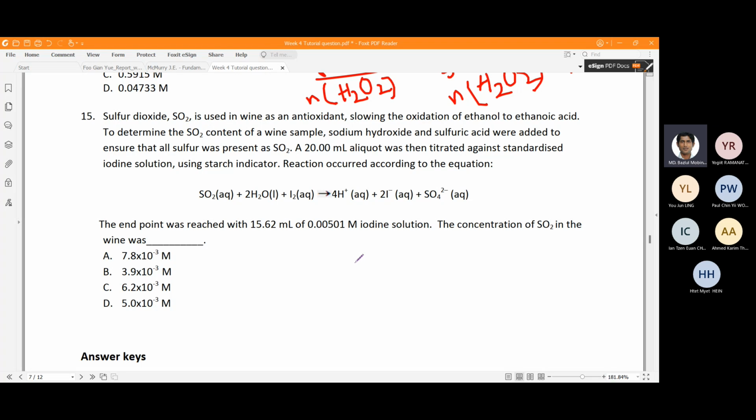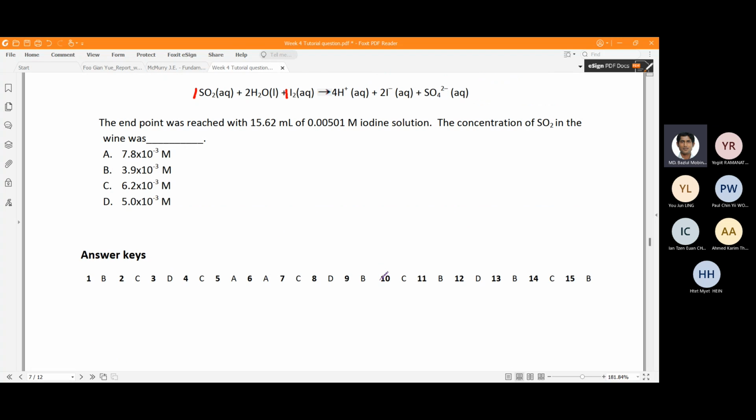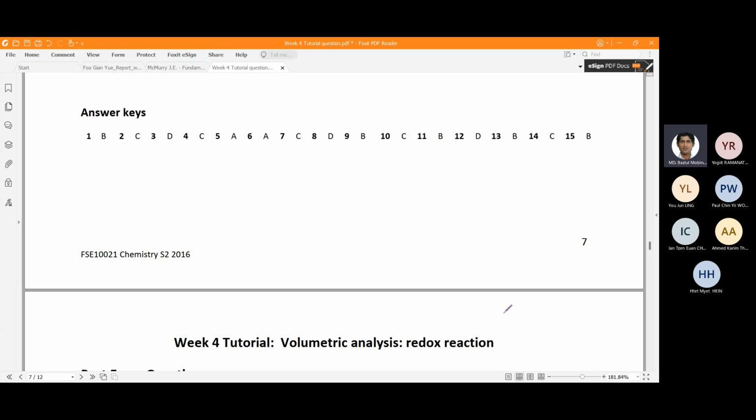Question number 15 is the same thing, n equals C into V. From there, we will find this is a 1:1 reaction anyway, so you don't have to bother much, you just have to find the number of moles. So basically, this is it. Any questions so far from these 15 questions?